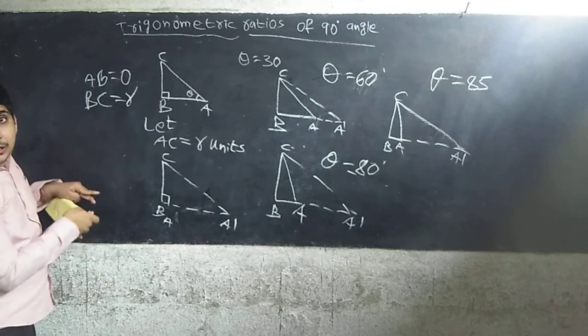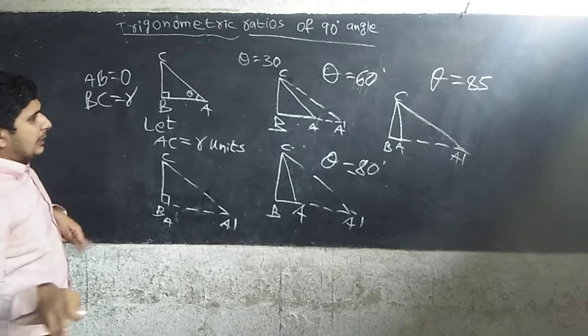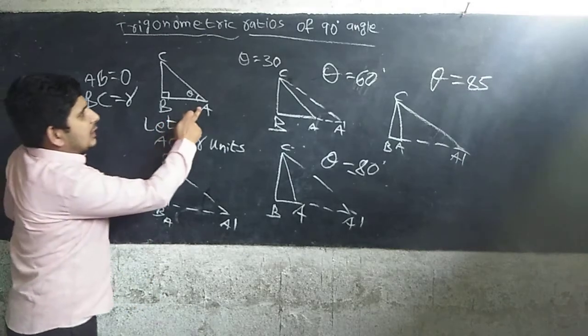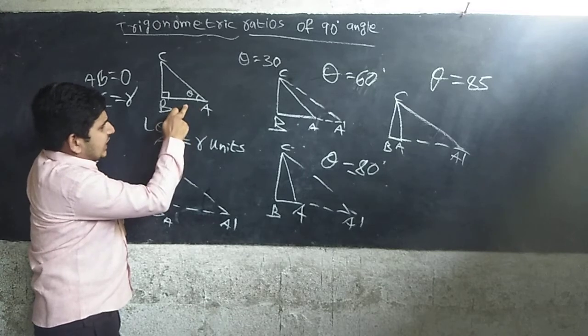Any doubt? Suppose theta equal to 30 degrees, then the figure is like this.